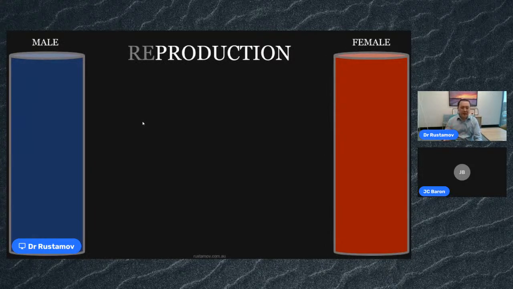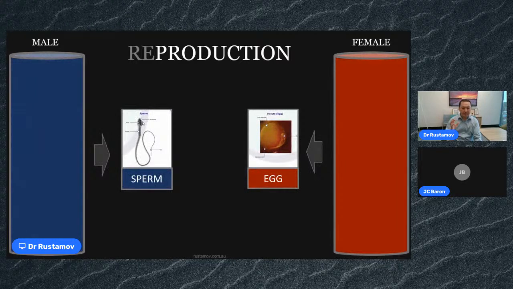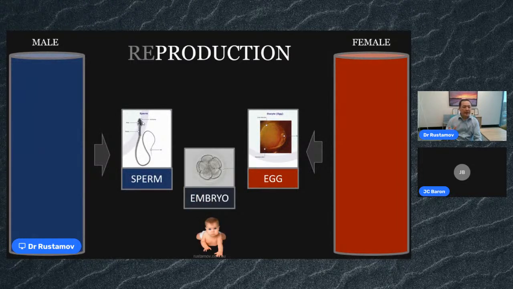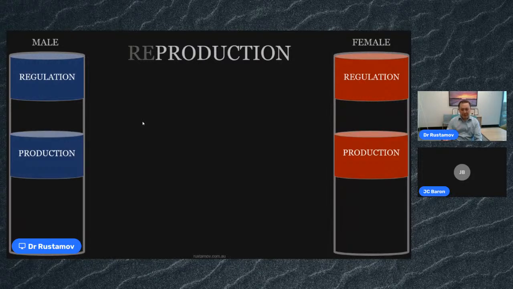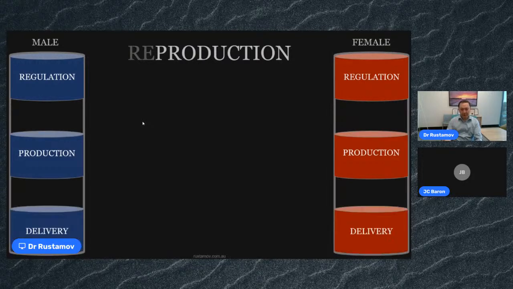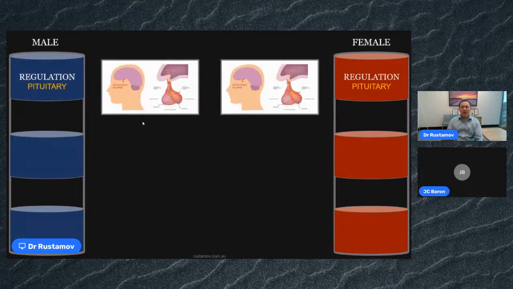Reproduction, like its name suggests, involves the production of sperm and egg, the gametes, and the creation of an embryo and child together. Like any production process, this whole process needs regulation, production of the gametes, and delivery of the gametes. In the bodies of females and males, there are specific organs responsible for each of these steps.